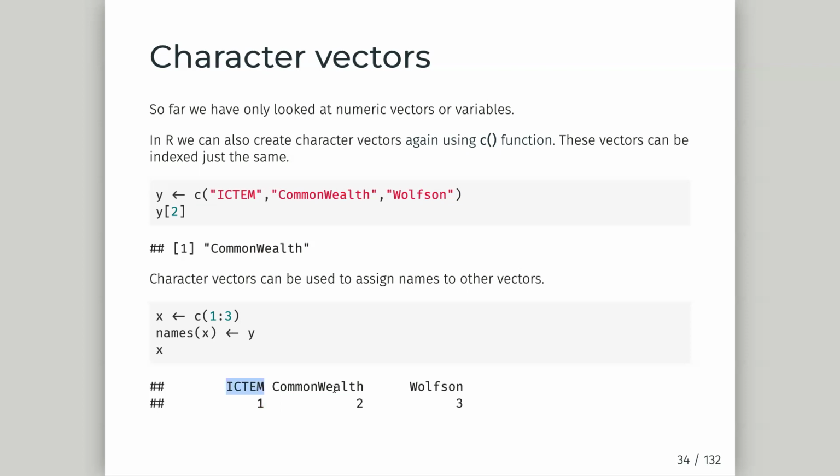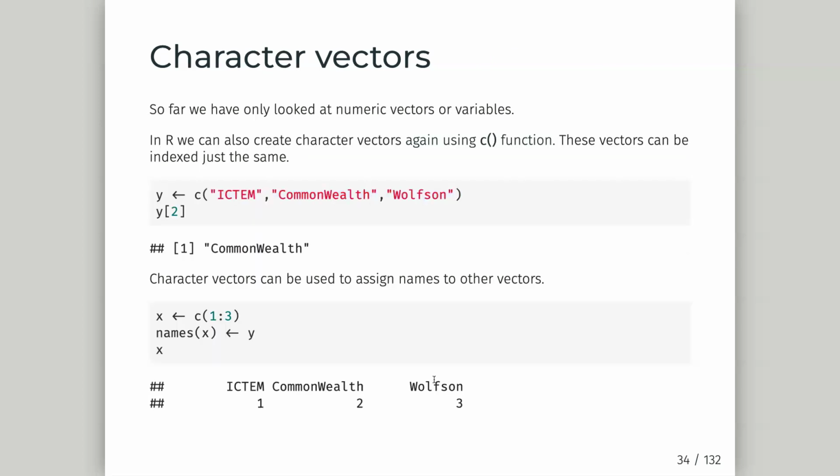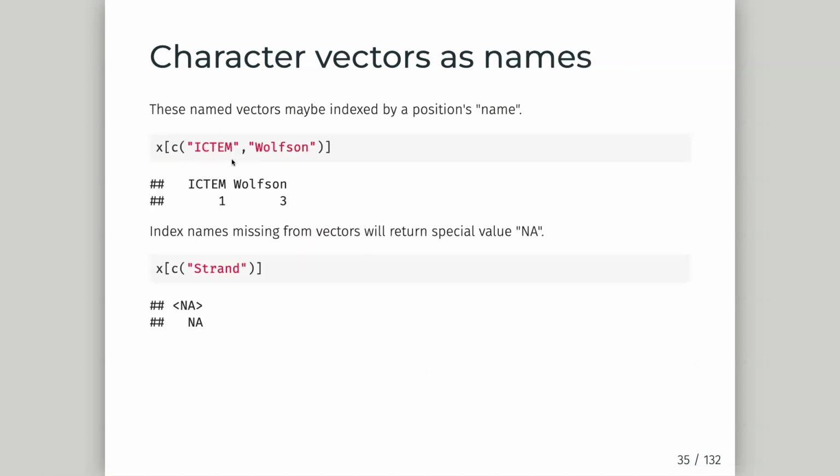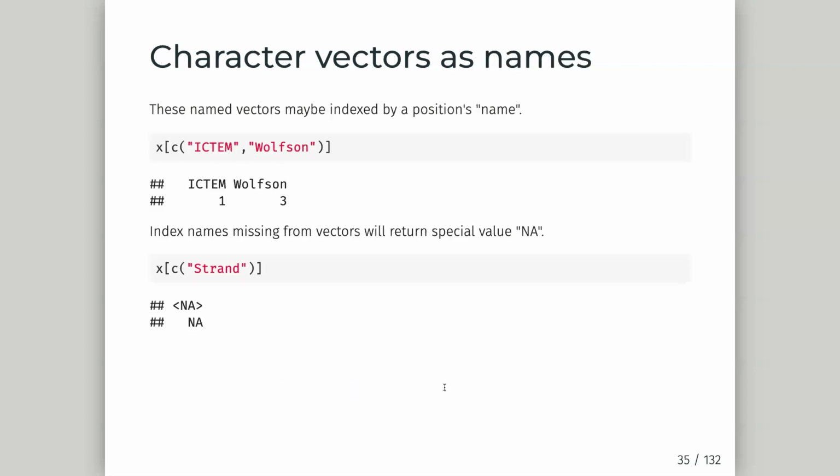I can see that each of them has a name above it. The really useful thing about this is then I can use those names as indexes, so I don't need to know what positions they're at. If I want to pull out the value for Ictem and Wolfson, I can use my standard square brackets, and provide an index here, but not a vector of numbers, a vector of strings. It's going to match them up and pull out the two values I want with the name still there.